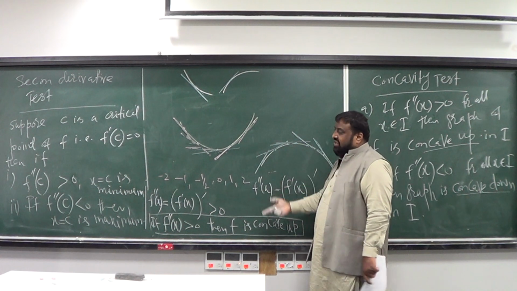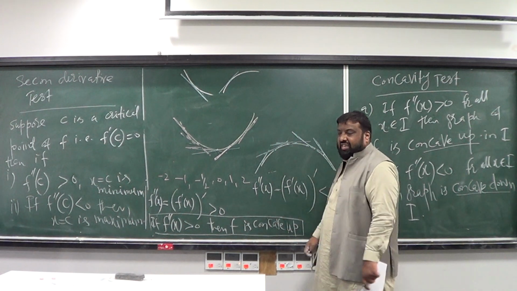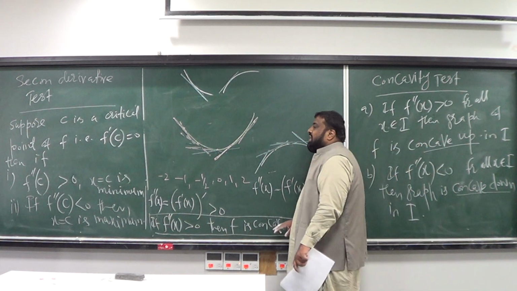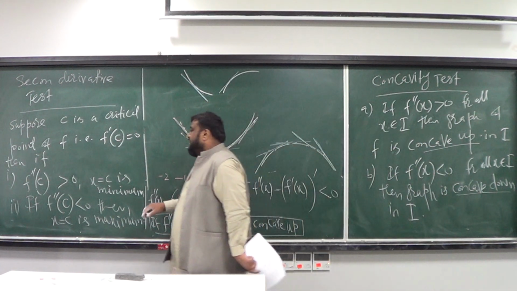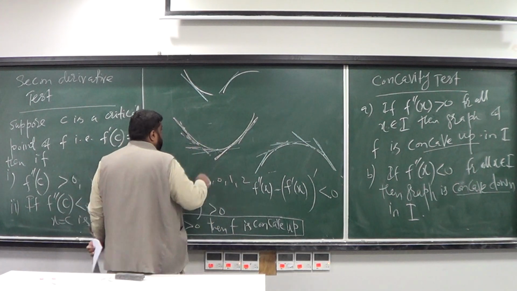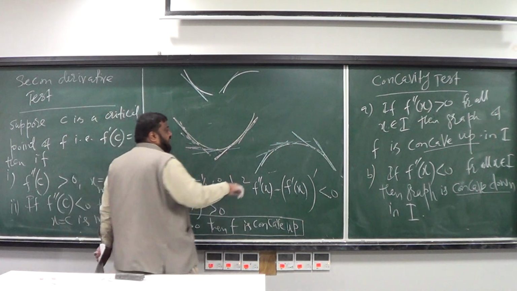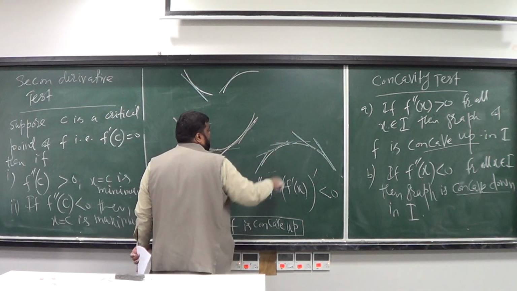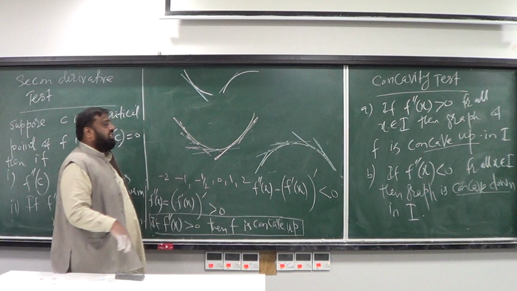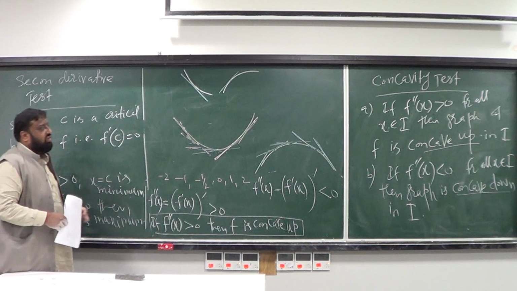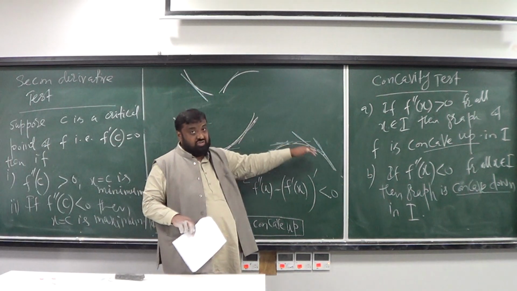But there is another way, the second order derivative test. If f double prime of c is positive, then x equal to c is a minimum, because we are talking about a concave up curve. And if f double prime of c is negative, then x equal to c must be a maximum, because you are sitting on a concave down curve.